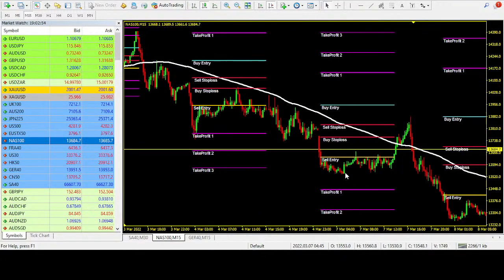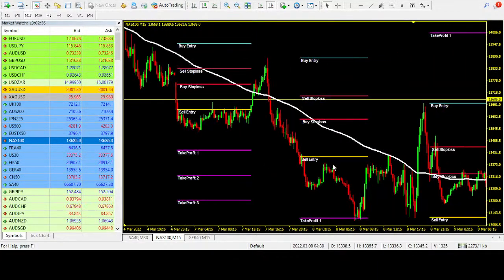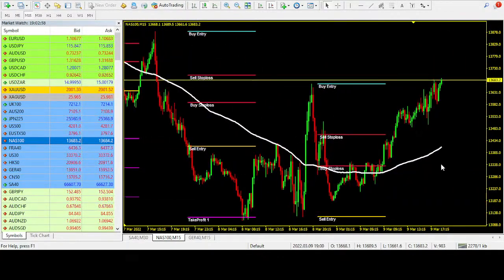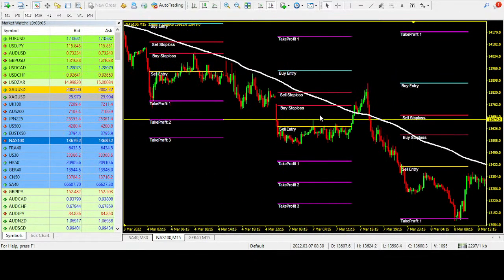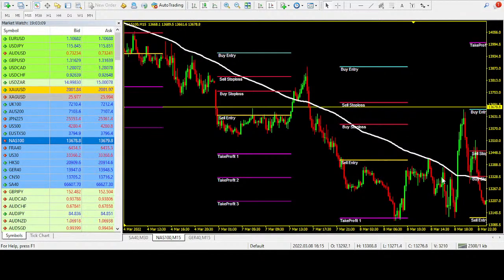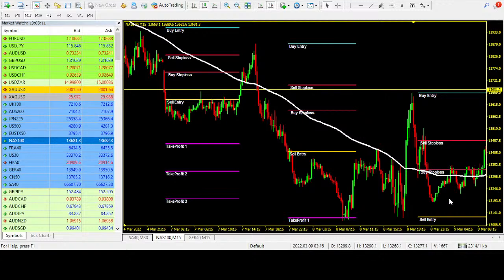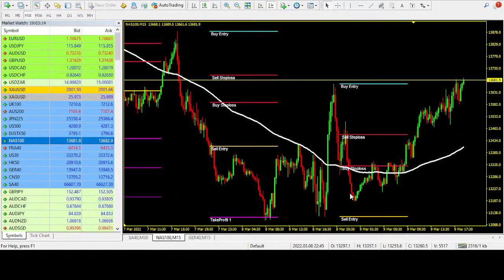So there's one important thing on this particular strategy. There's this moving white line here. You see that white line right there? That white line is known as a 100 period simple moving average. Its function here is just to act as a filter.